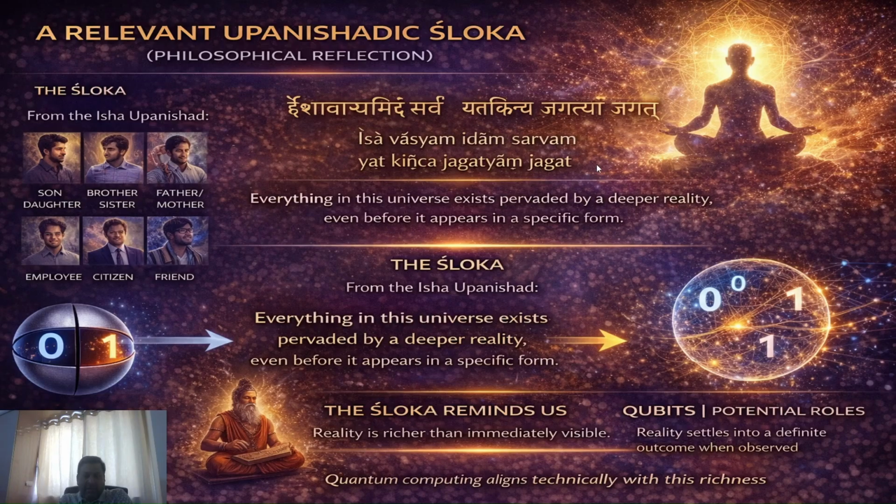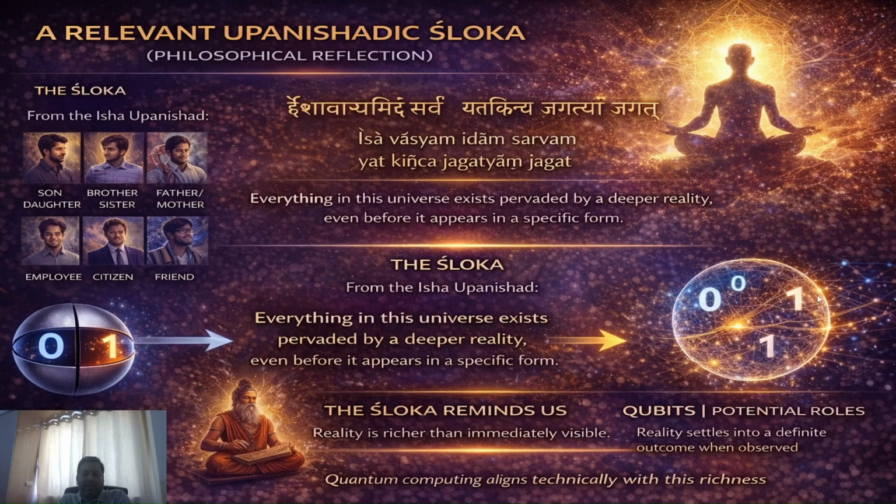Now if you understand this, this is the sloka that I just tried to recall. I just quickly flashed it here. It says Isa Vasyam idam sarvam yat kincha jagatyam jagat, right? Which means that literally everything in this universe exists by a deeper reality, even before it appears or takes a specific form. Now if you observe here, only the visible exists, 0 and 1.